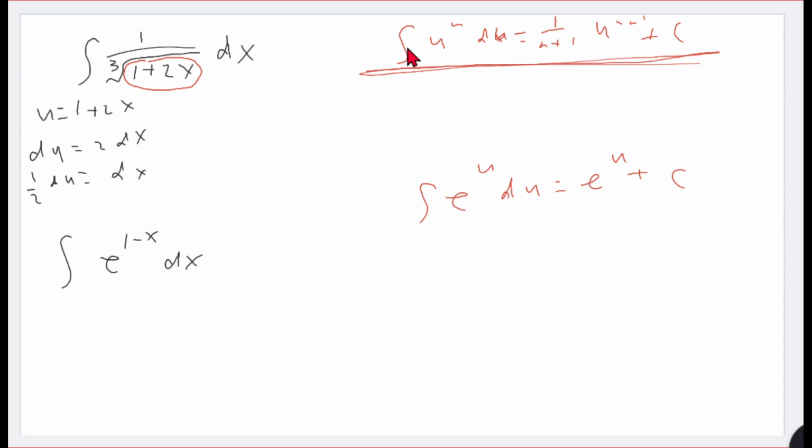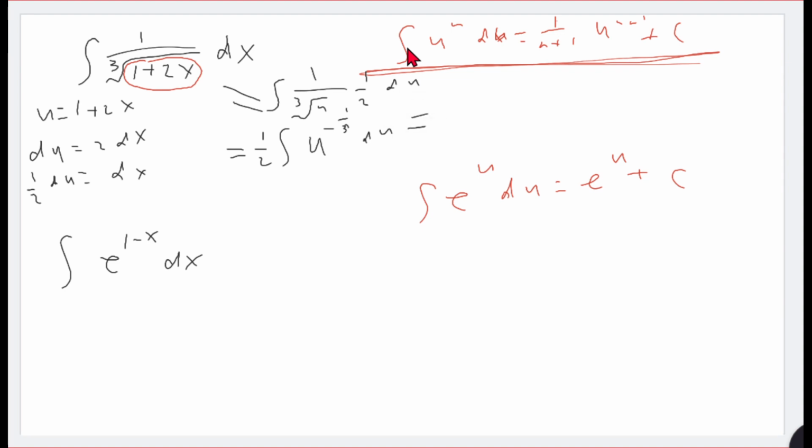Now substitute into the integral: it will equal 1 over the cubic root of u, and dx becomes 1/2 du. First of all, pour out the 1/2. Let's turn this into a power, so this becomes u to the negative 1/3 power. The cubic root is 1/3, but if you move it up, it becomes negative 1/3.